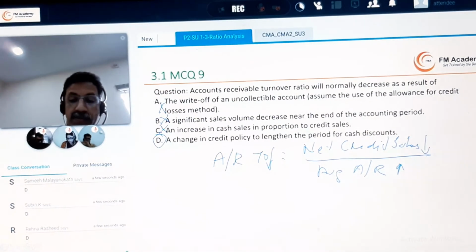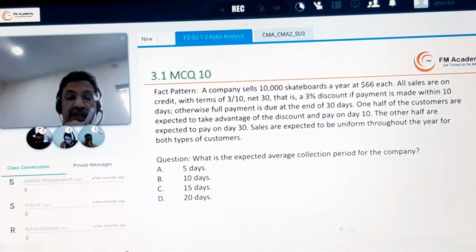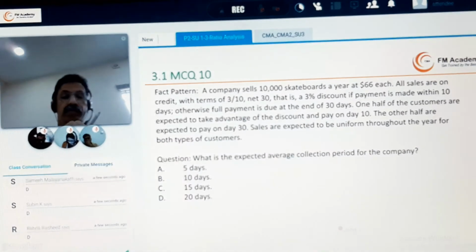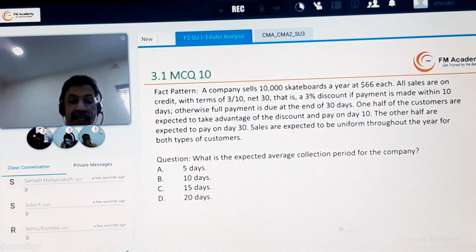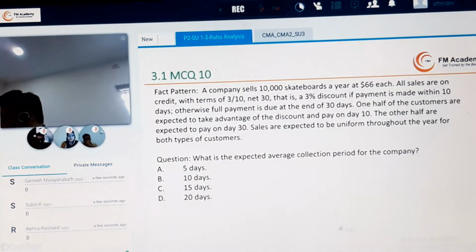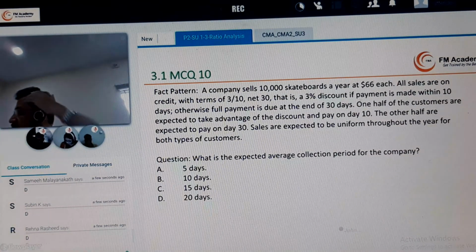Next question. Question number 10. What is the expected average collection period? So do your answer fast, and then I can see Rahna giving D as the last answer there. So let me see question number 10. Okay.